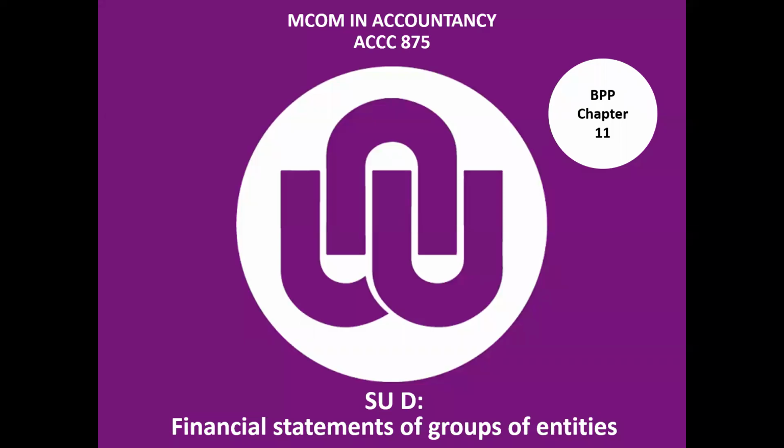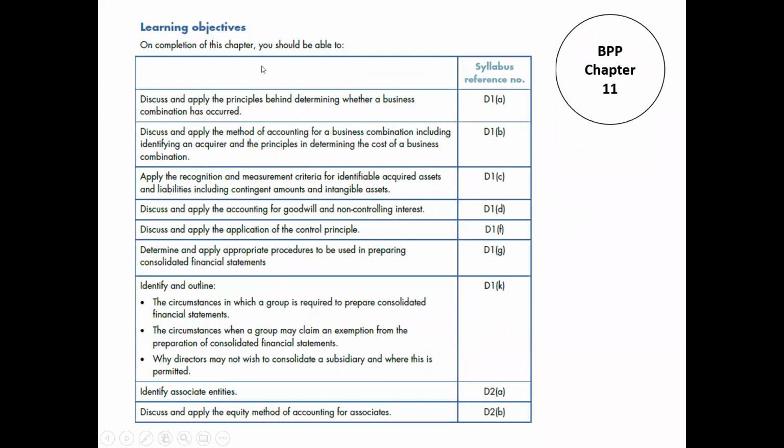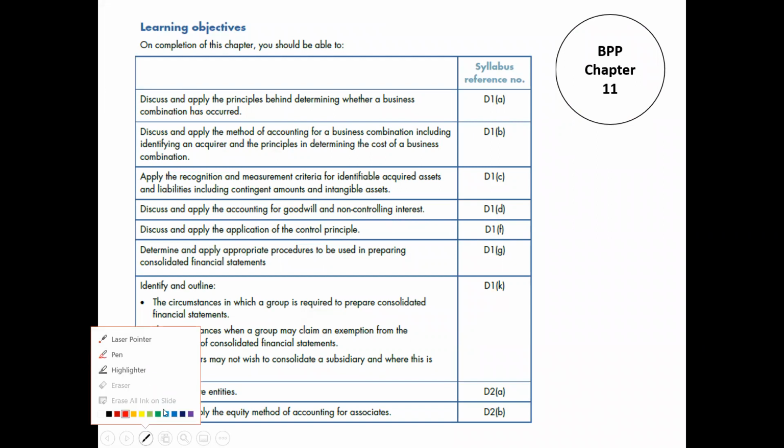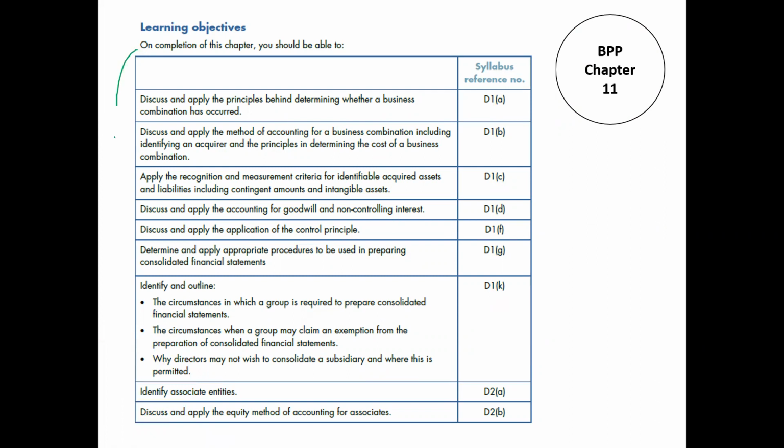If we think about our study unit, study chapter 11, we already need to see that what we did in the previous section, we already covered at the end of the day when we talk about subsidiaries.